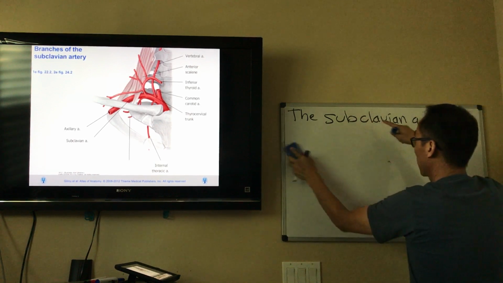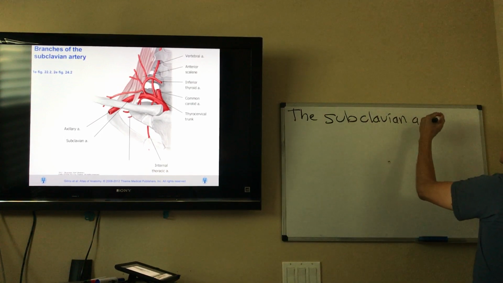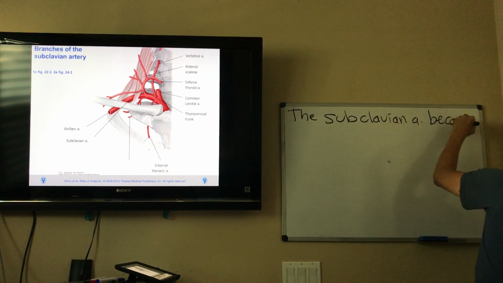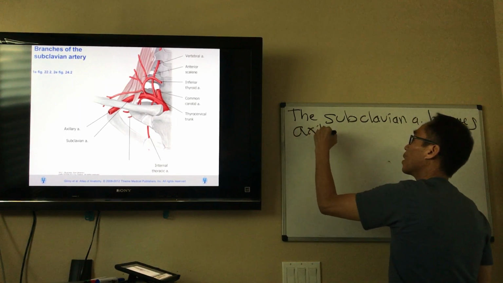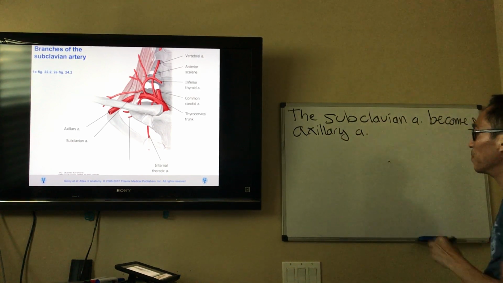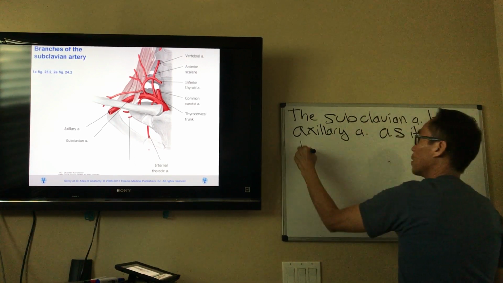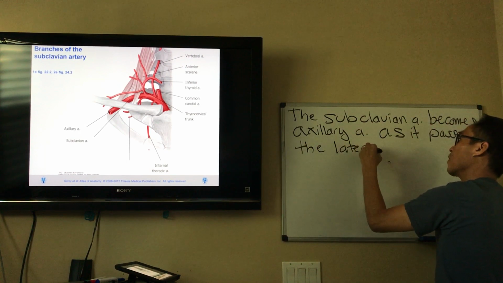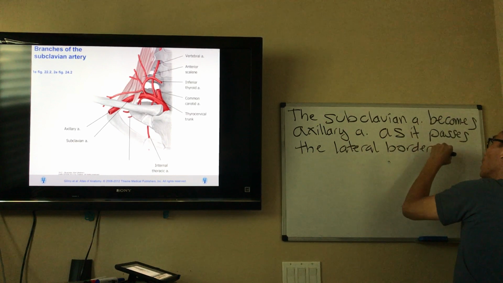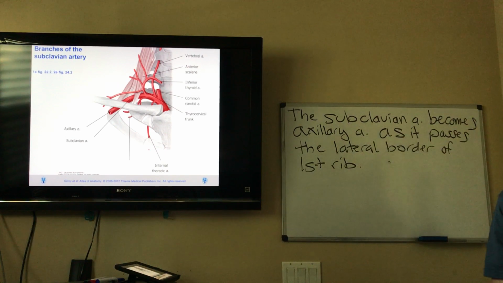So the subclavian artery becomes axillary artery as it passes the lateral border of first rib. Know the landmarks. Know where the artery changes its name. That's a big thing in anatomy.